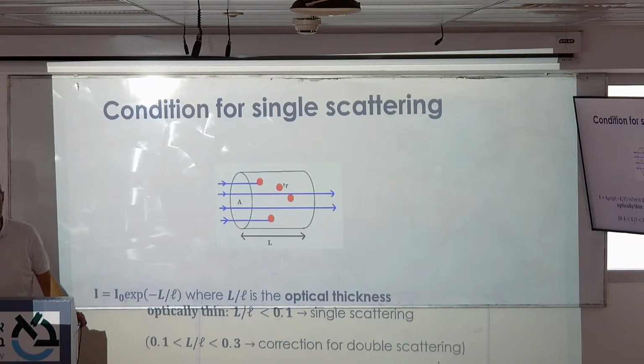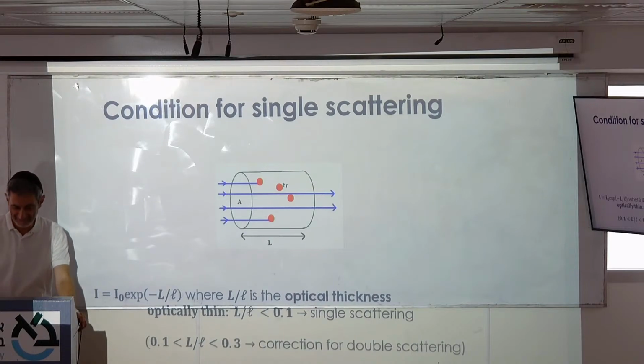Independent. So you say so. If I have independent scattering, do I automatically have single scattering or not? No. If you have single, then you have independent. Yes, right. Okay, so it seems to be clear.